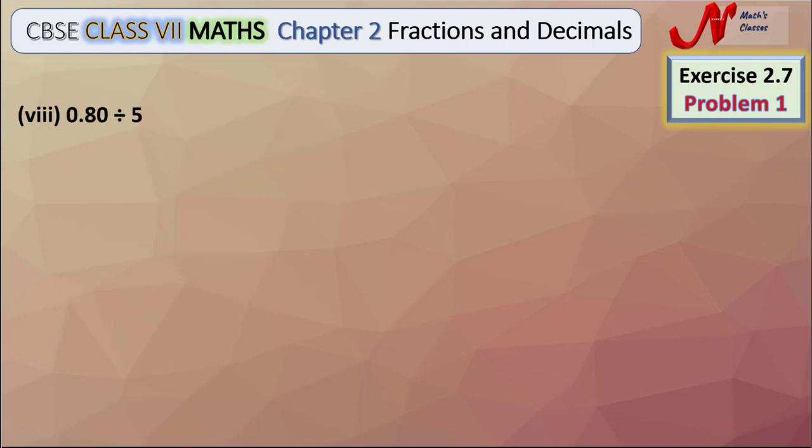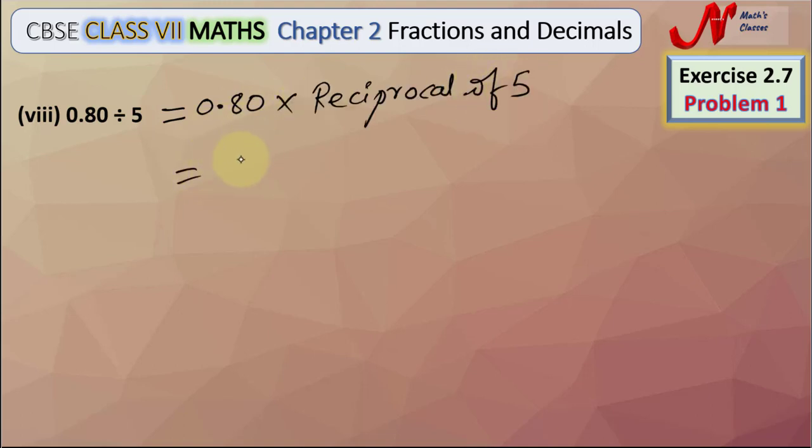Now we solve the eighth bit. 0.80 divided by 5 is equal to 0.80 into the reciprocal of 5. So 0.80 can be written as 80 by 100 into the reciprocal of 5, which means 1 by 5. 5 ones are 5. 5 ones are 5, 3 remaining, it will become 30. 5 sixes are 30.